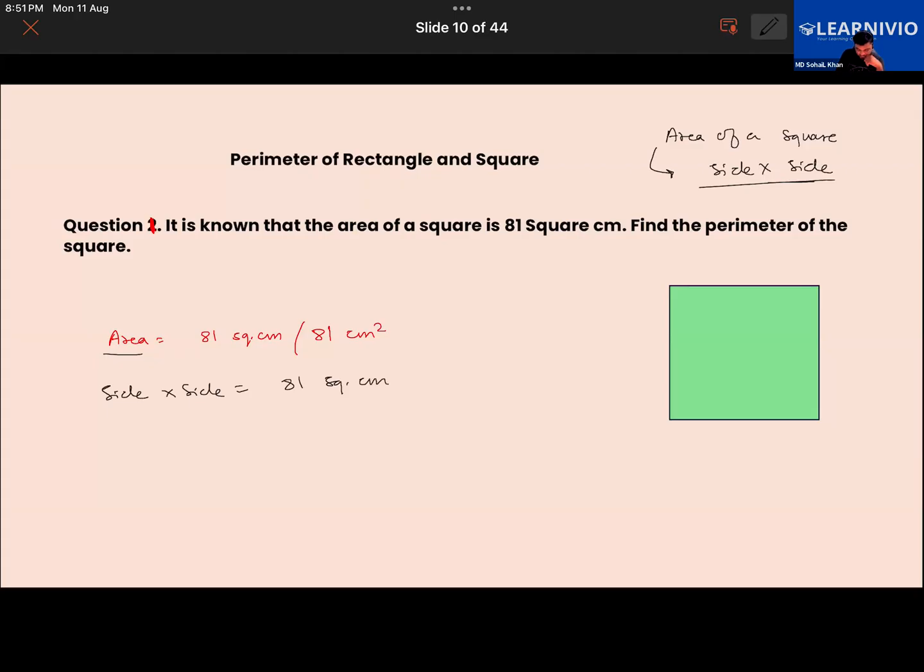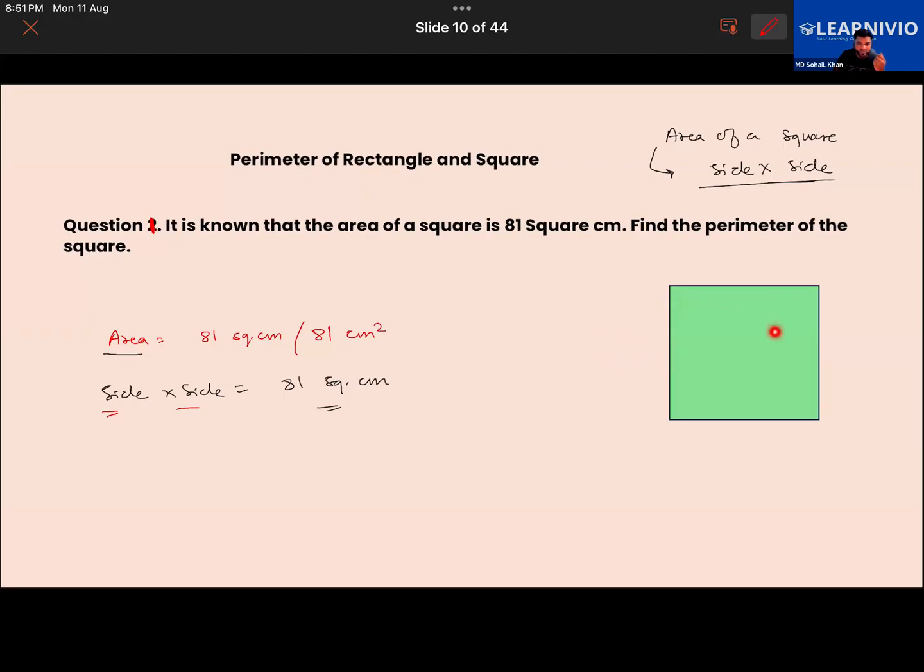So what must be the value of the side so that when it's multiplied by itself, it gives you 81? Think about it. The simple logic here is, which number must be multiplied by itself?